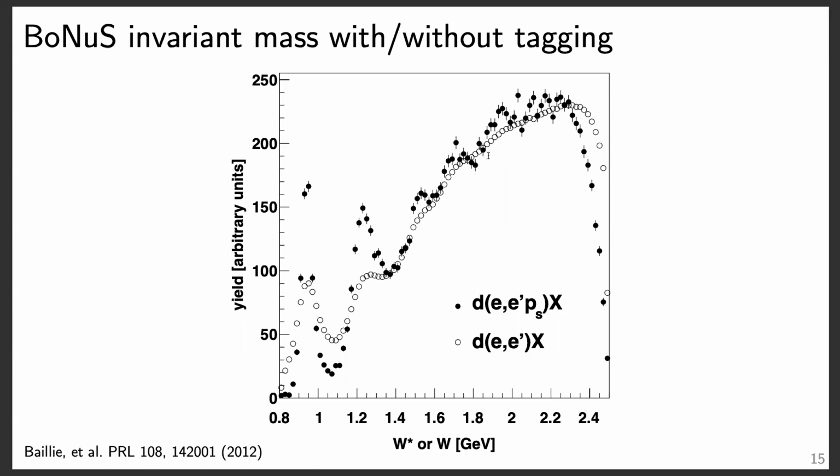The hollow points are just the inclusive W. What you see is that the nucleon peak and the delta are really smeared out. Whereas once you start accounting for the motion of the nucleons using the spectator proton, these peaks suddenly sharpen way up. Even up here, you can start to resolve certain resonances that are completely washed out in the inclusive case. So this is a really good example of how using the information from the spectator improves the picture that you see.